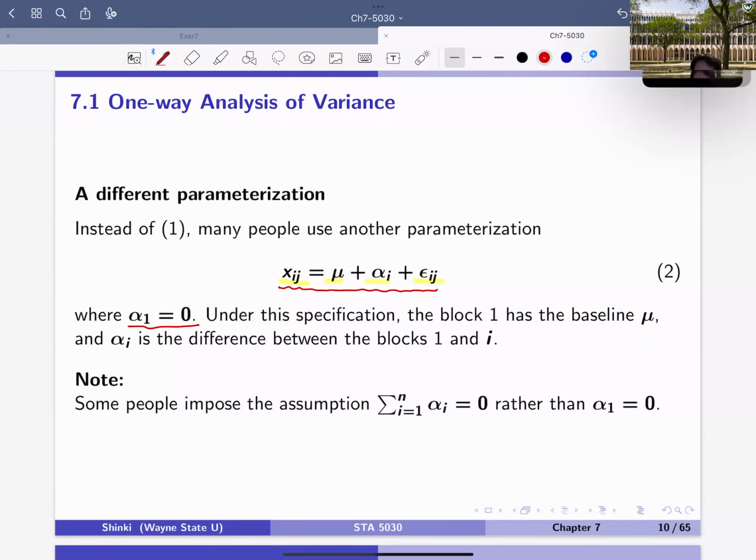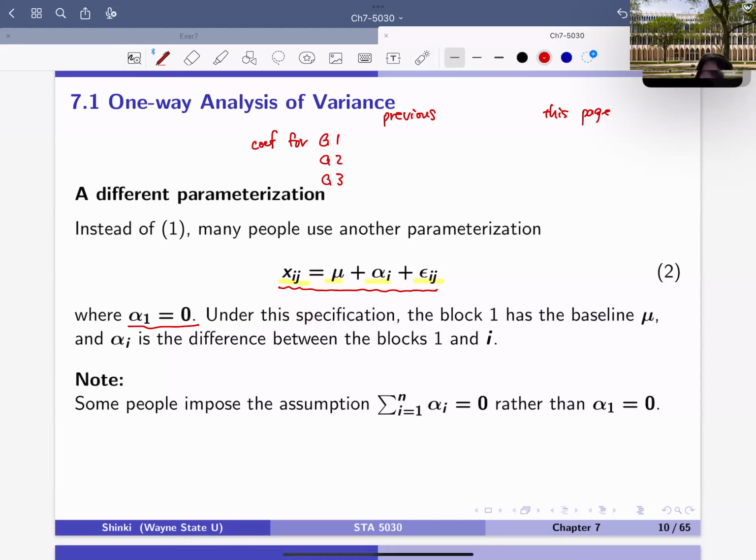Then we can express the same situation. Sorry, maybe it's a little complicated. So the previous model and this page, the coefficients for group 1, group 2, and group 3.